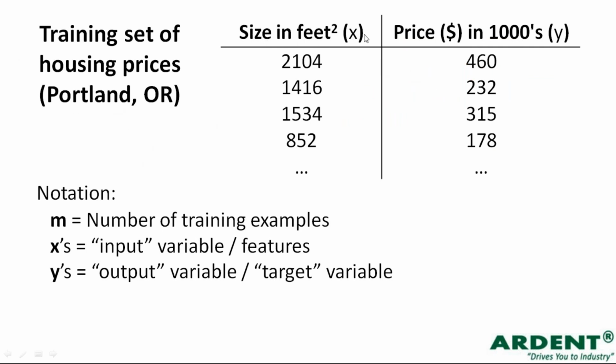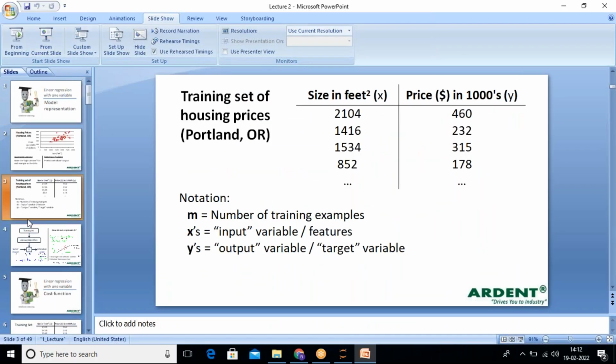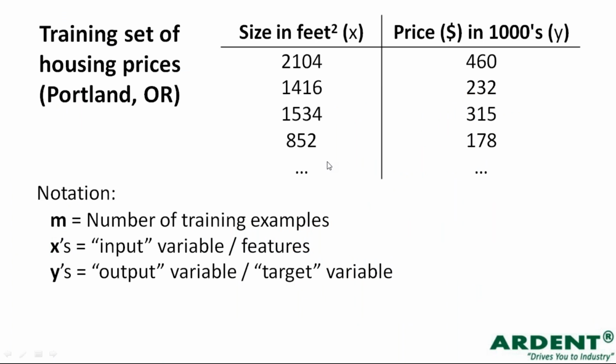The first column is size in feet, and the next column is price in dollars, which is represented by Y. So if the size in feet square is 2104, the price is 460. For 1146 it is 232, for 1534 it is 350, something like that, and it goes on.